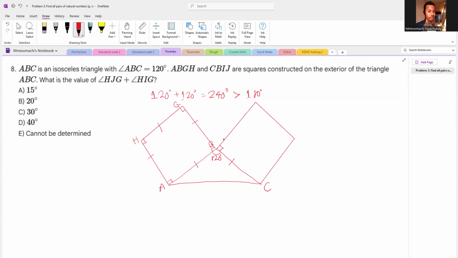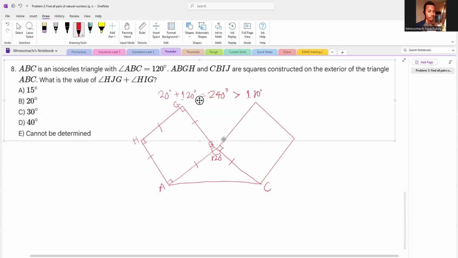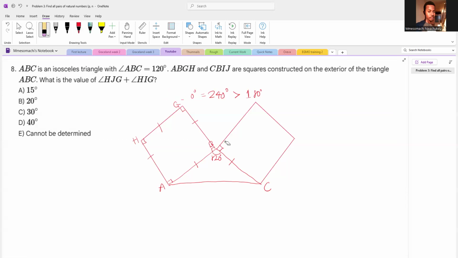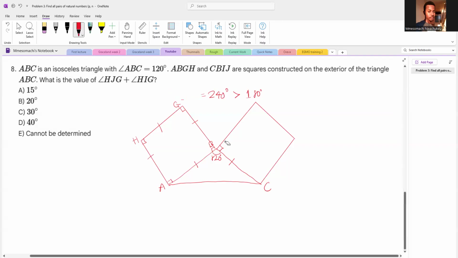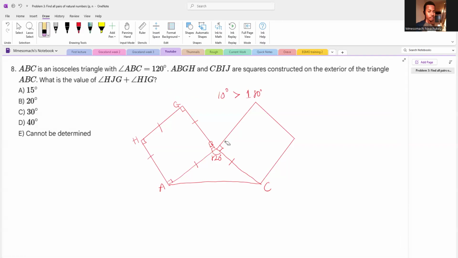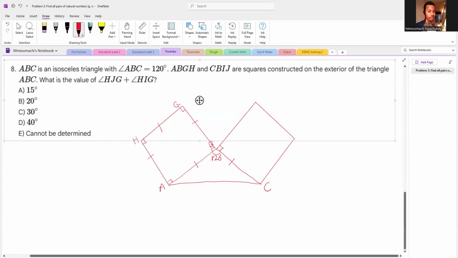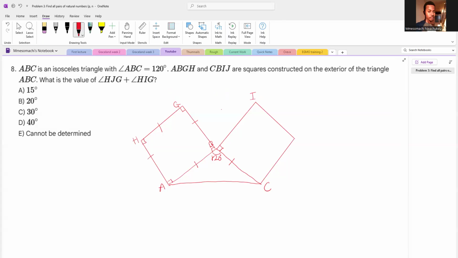Let me erase this equation up here. Then CBIJ is also a square, so we can mark all these side lengths equal.